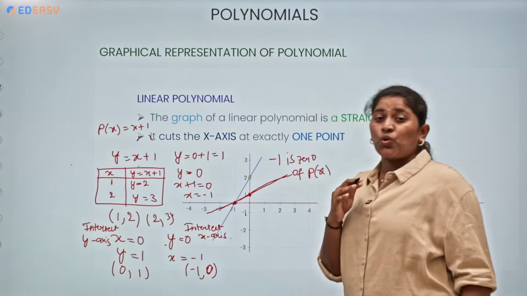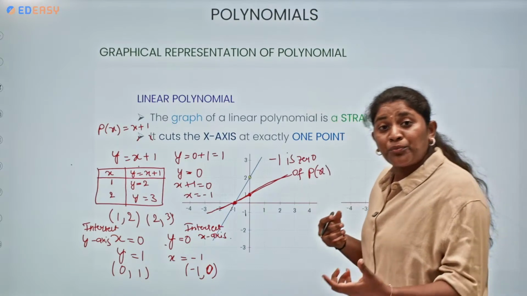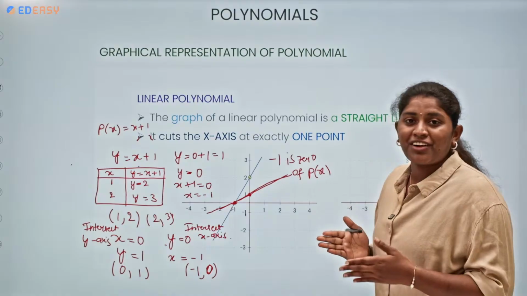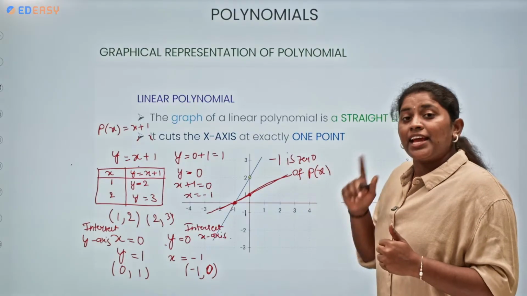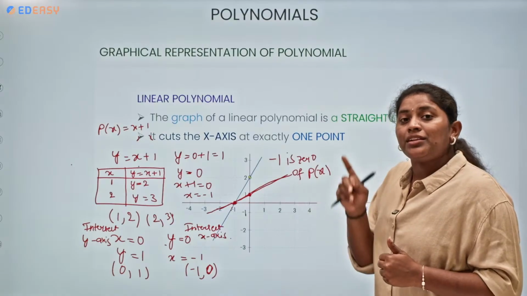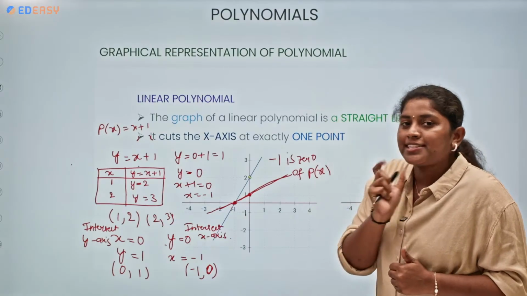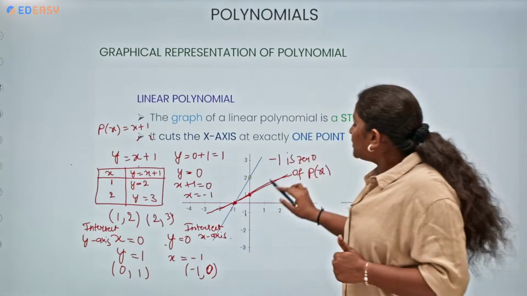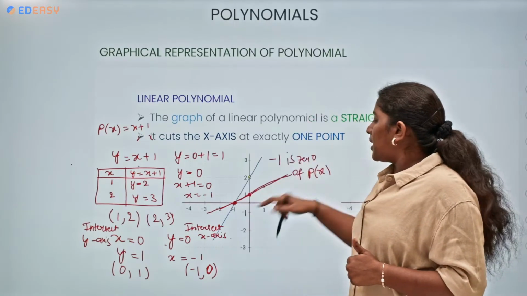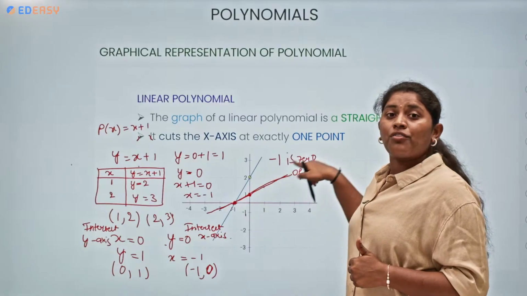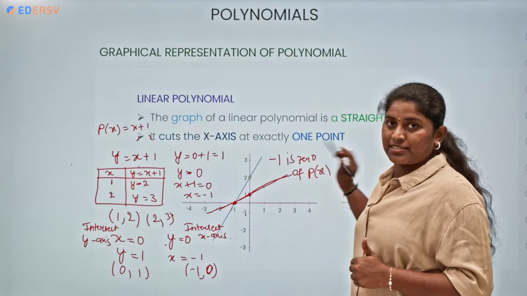So, without setting your polynomial to 0, you can simply find the 0 of the polynomial from the graph by considering where the graph is intersecting your x-axis. Here the graph is intersecting at -1. So, -1 will become the 0 of the polynomial p of x.